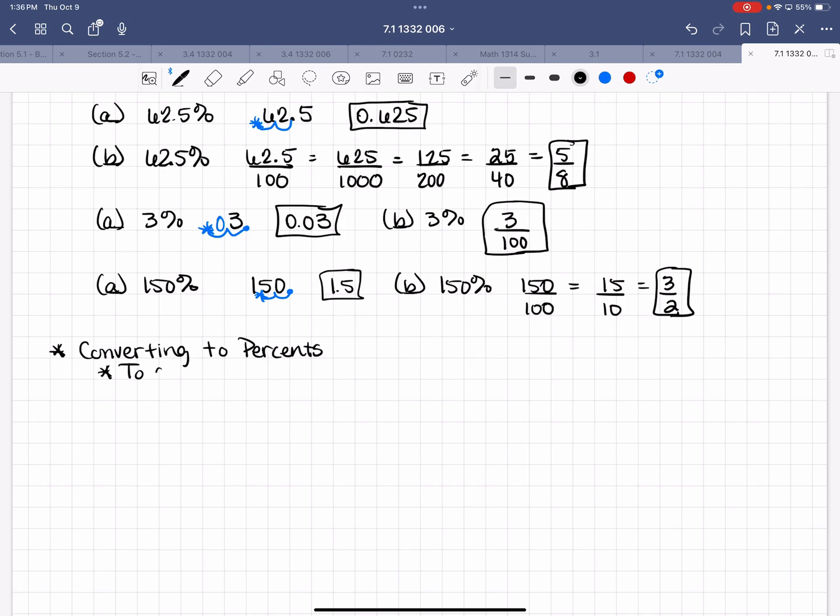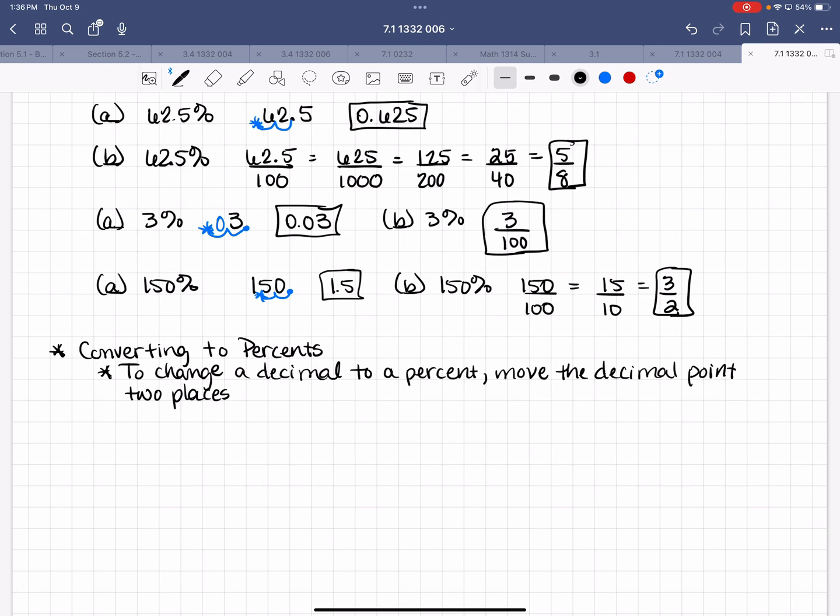To change a decimal to a percent, move the decimal point two places to the right, and add a percent sign. Okay.